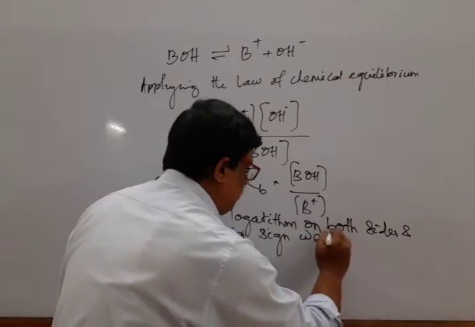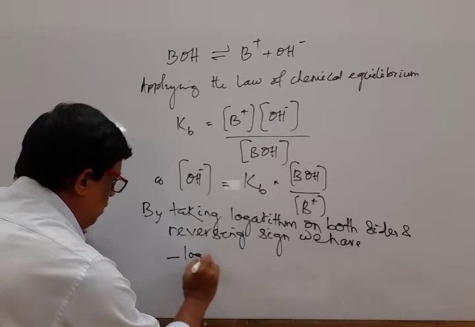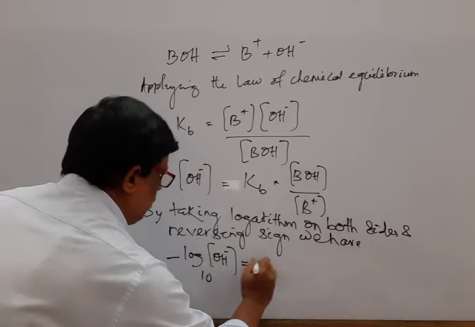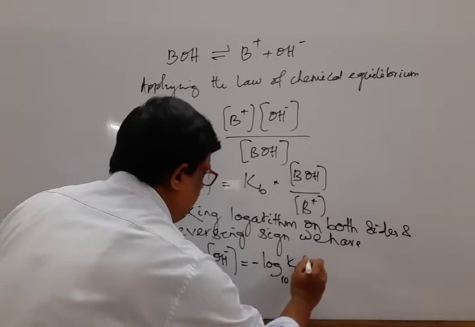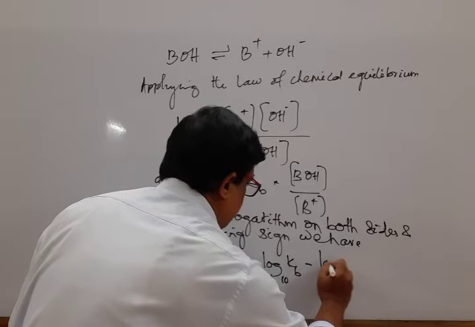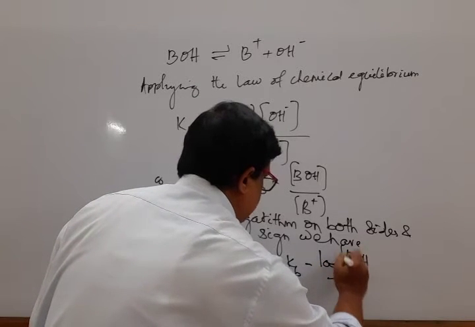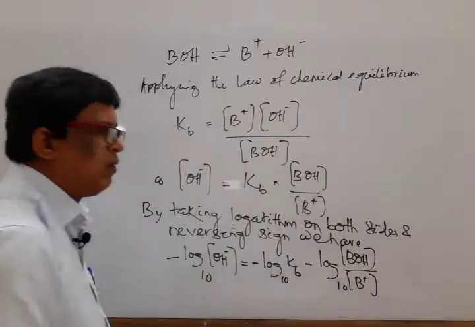We have, mark that, minus log OH minus is equal to minus log Kb minus log BOH concentration by B plus concentration.